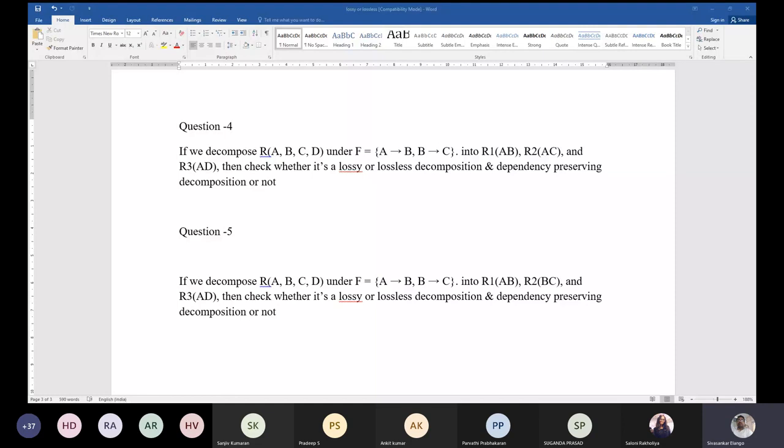Right. So you are familiar with the problem of checking whether a decomposition is a lossy or lossless decomposition. So Samuel, what are the conditions for checking whether a decomposition is lossy or lossless?